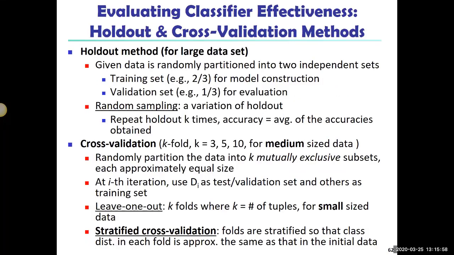Okay, so the holdout method is for very large data sets. Our goal of doing repeated tests is to avoid bias in our estimate of the system performance. But for a very large data set, the chance of being biased probably is not that great. So it's okay when you have a large data set, you split once. You take 2/3 of the data, for example, it could be 3/4 as well, for model construction and use the rest for model validation.